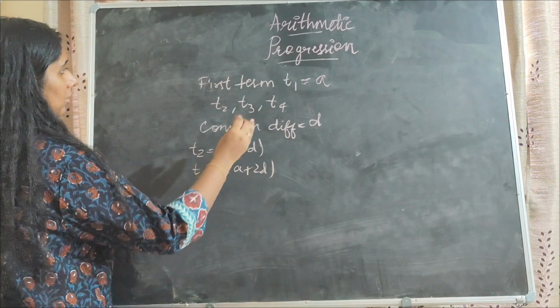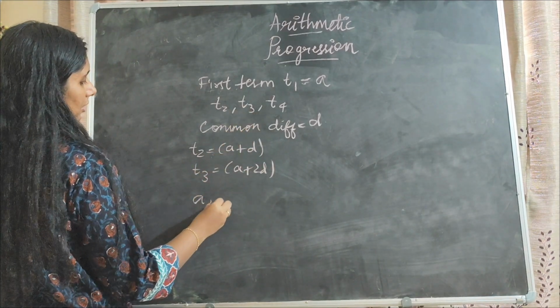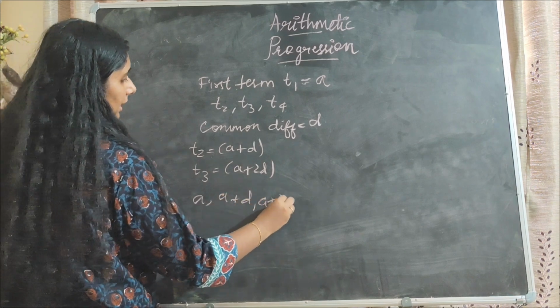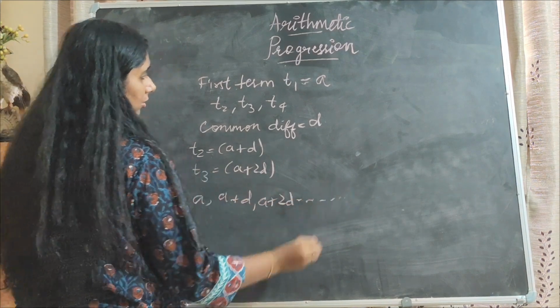So your sequence will form like A plus D, A plus 2D and so on.